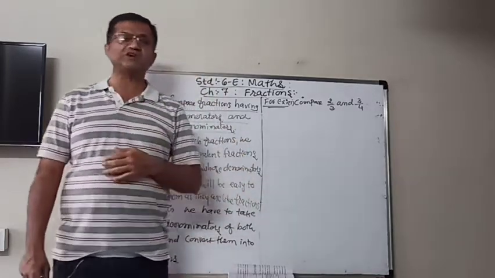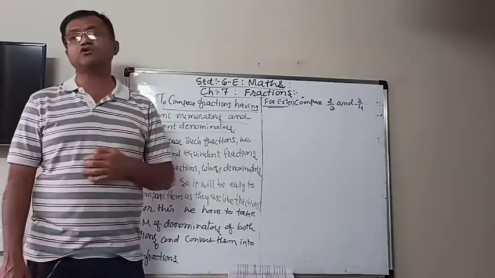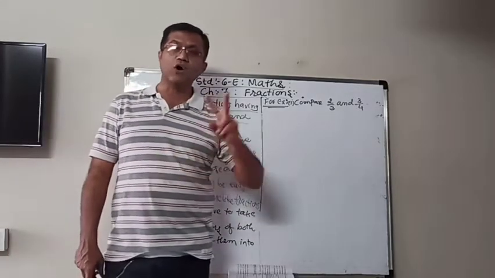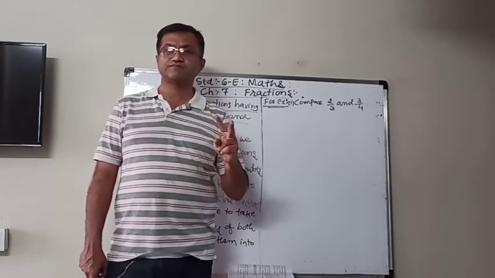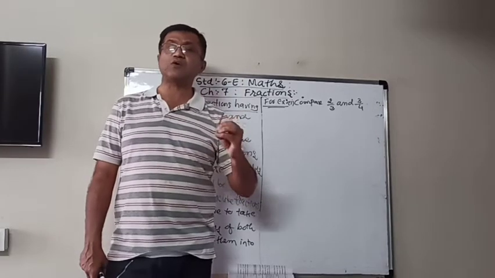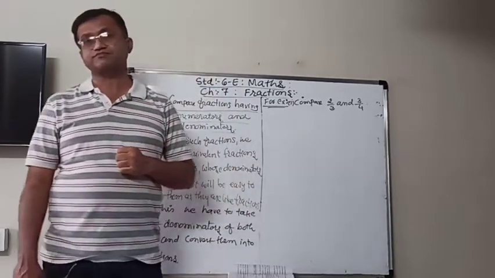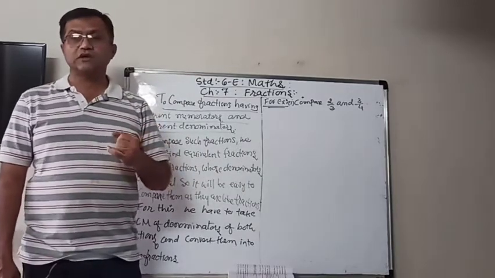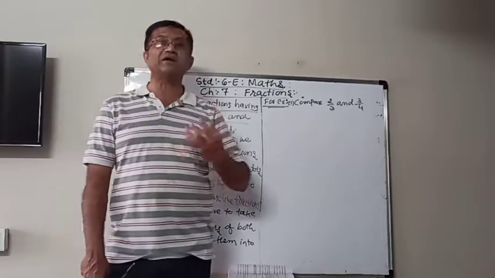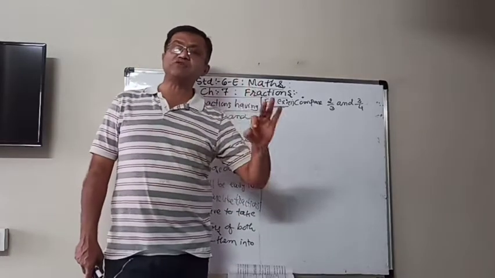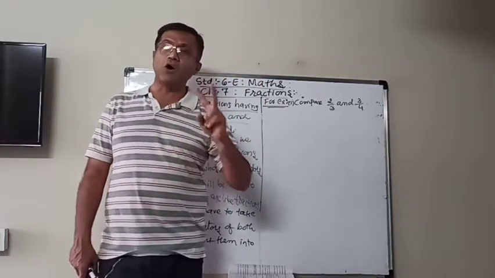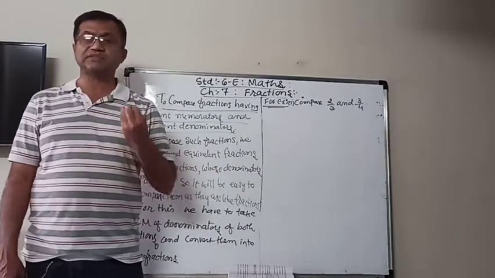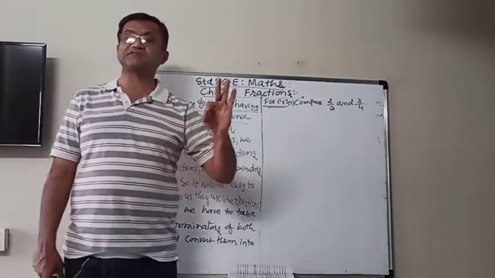In this situation, we have to convert both the fractions such that they have equal denominators. For this, we have to find equivalent fractions of both the fractions such that their denominators are equal.